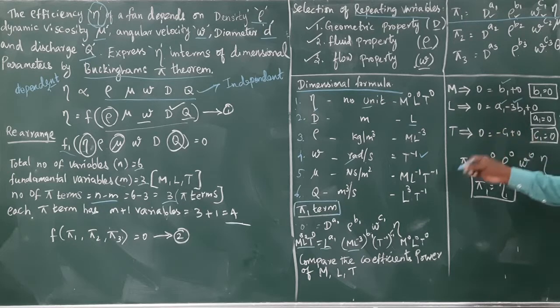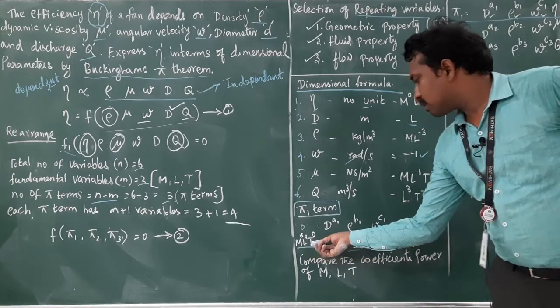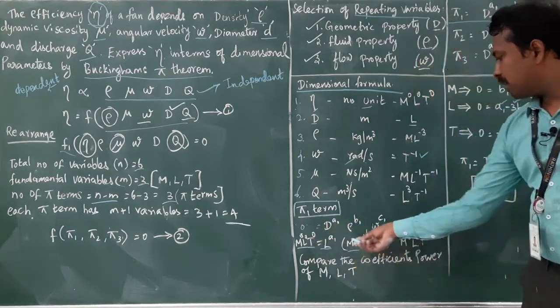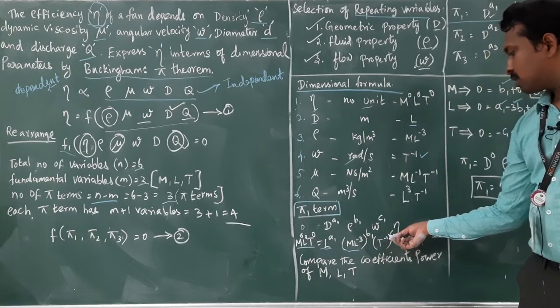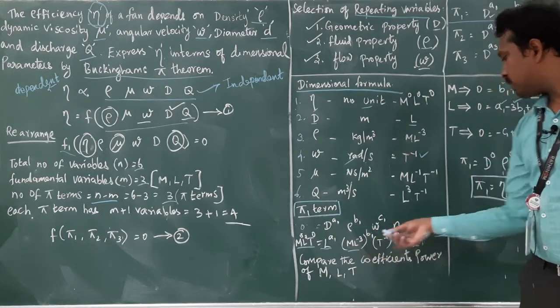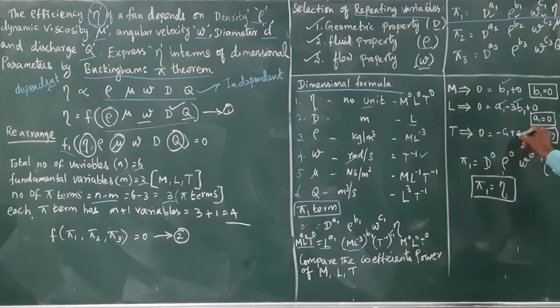Next, the T term. Comparing the powers, T power is 0. Here the T term is c1. Here there is no T term. c1 plus 0 equal to 0, then c1 is also 0.